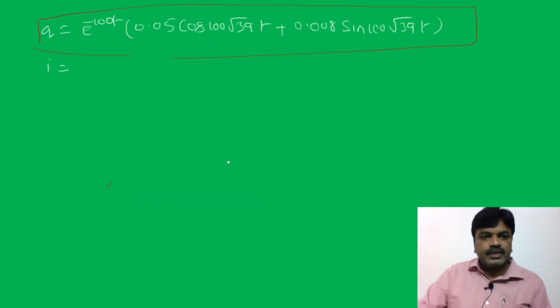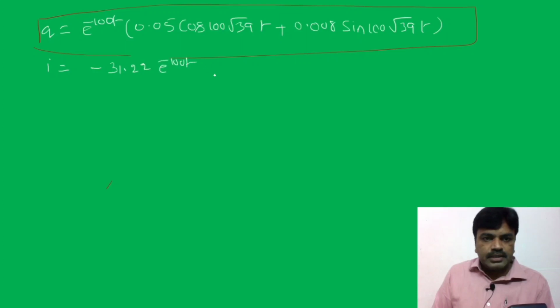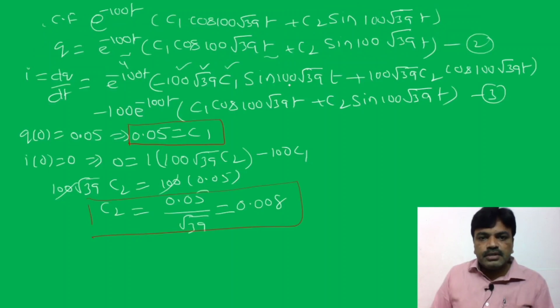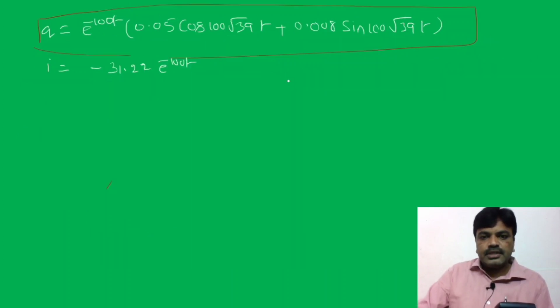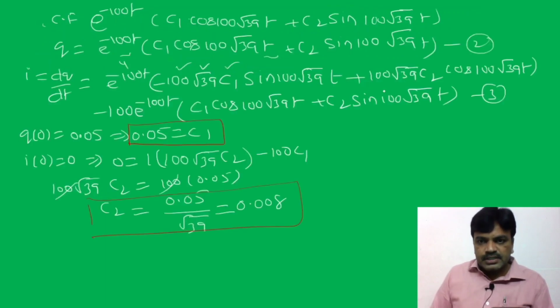So write here minus 31.22 e power minus 100t into sin 100 root 39t. And then plus 100 into root 39 into C2, C2 means 0.008.